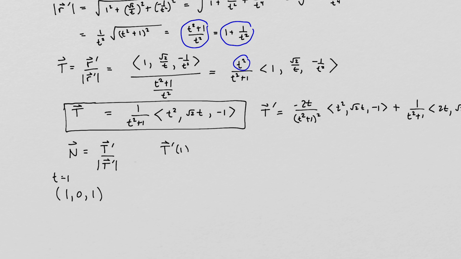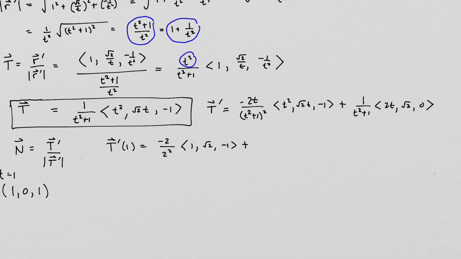So T prime of 1 is going to be negative 2 divided by 2 squared, 1, radical 2, negative 1, plus, and then if I plug in t equals 1 here, I get 1 half, 2, radical 2 and 0. And if we add these together, we get the vector 1 half, 0, 1 half. And so that is T prime of 1.